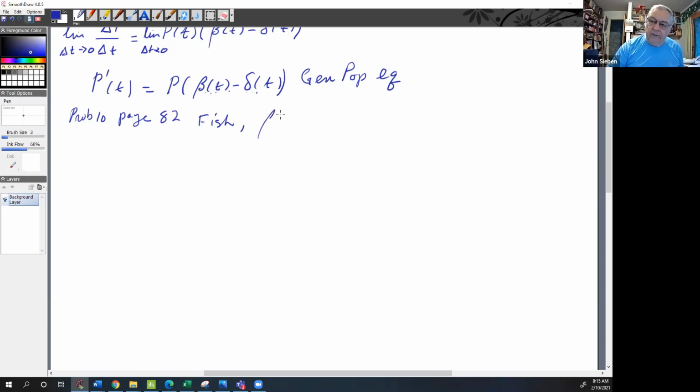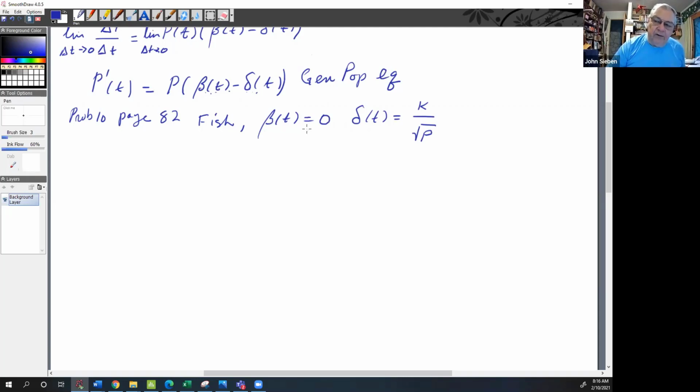And suppose that beta of t becomes 0, and that delta of t is equal to k, a constant, over the square root of P. P of t would be how many fish are in that impoundment at time t.